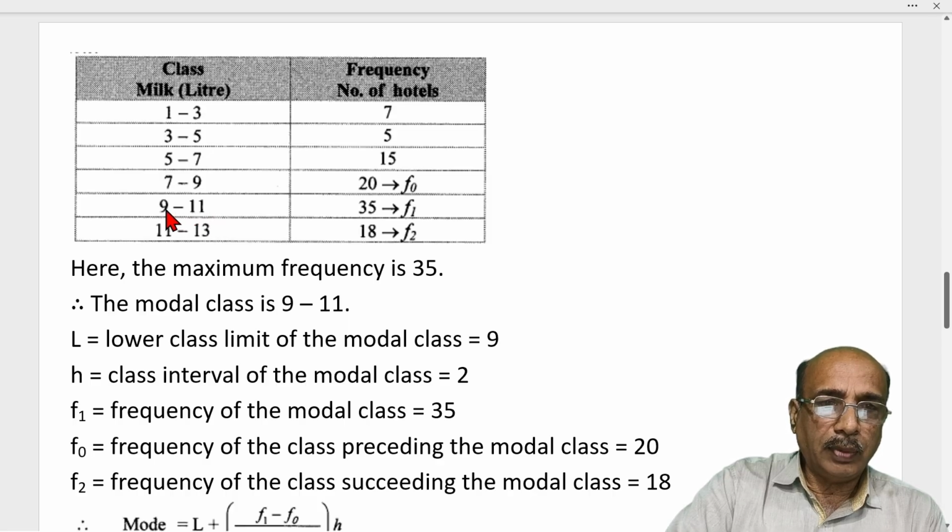Therefore, the lower limit is L equals 9. The class width is 11 minus 9 equals 2. Its frequency is F1 equals 35. F0 of the previous class is 20, and F2 of the succeeding class is 18.